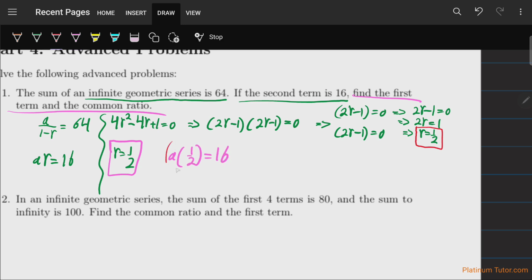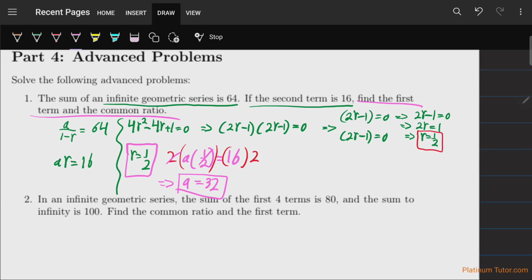We can multiply both sides by 2 to get that. Because 2 and 1/2 cancel, a is equal to 32. Okay, so the first term is 32 and the common ratio is 1/2.